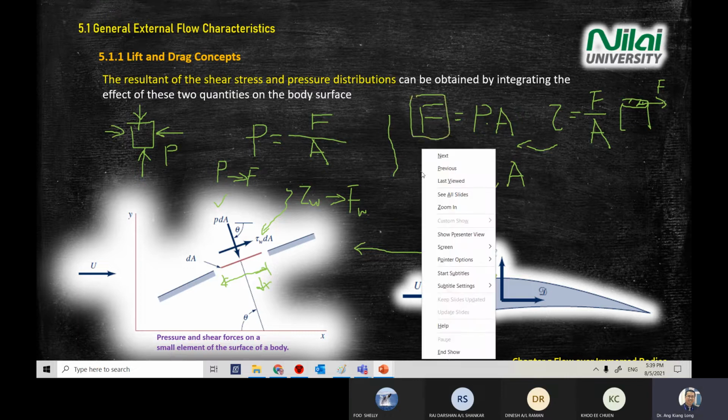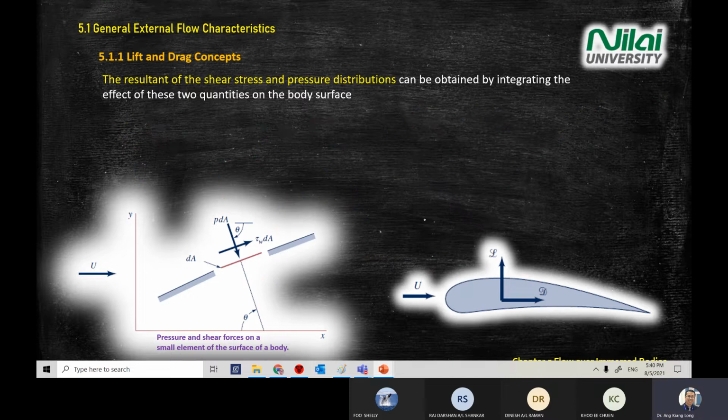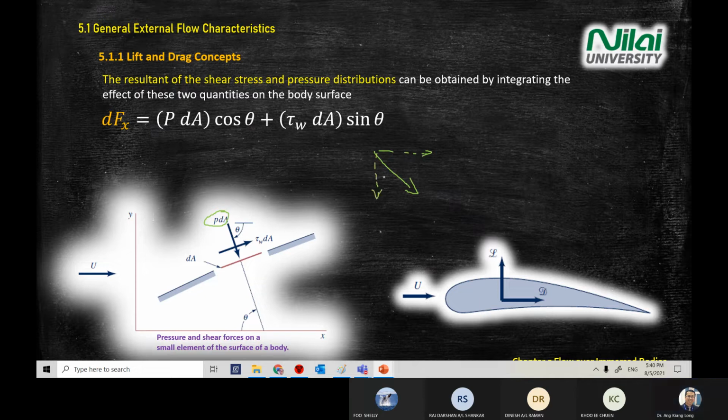All right. The next one, you put everything in X and Y direction, with the angle. So what are the forces in X direction? First, you convert this one to X and Y direction, with an angle theta.